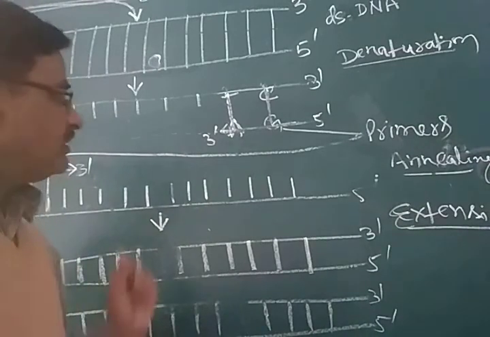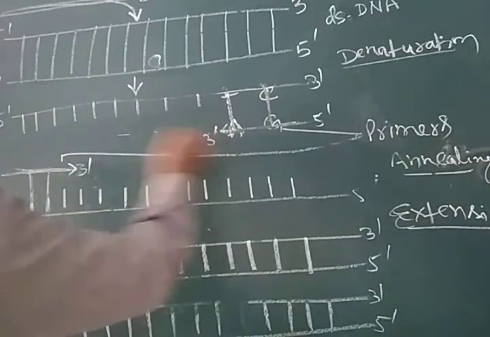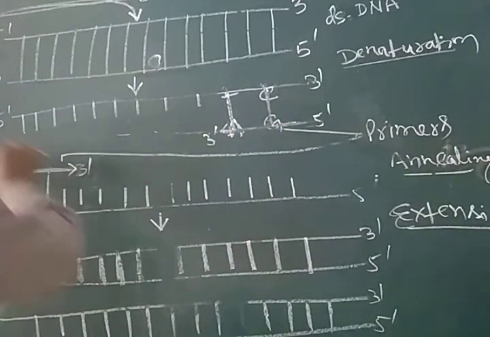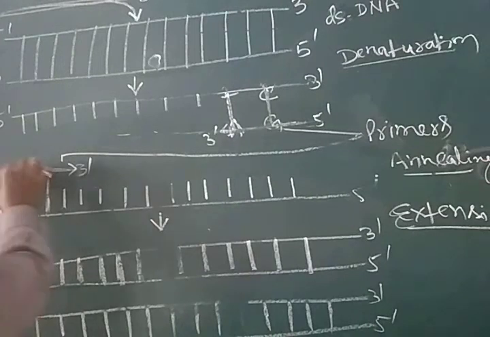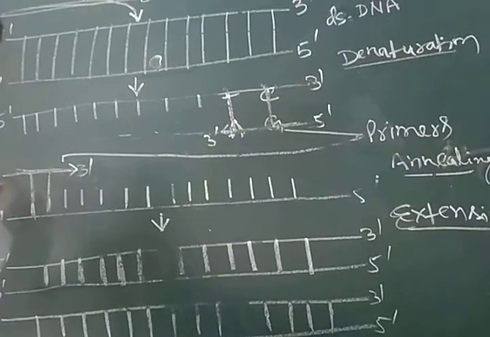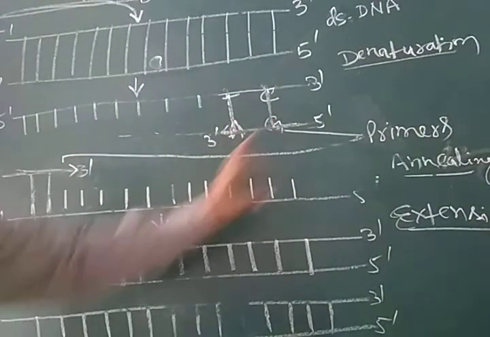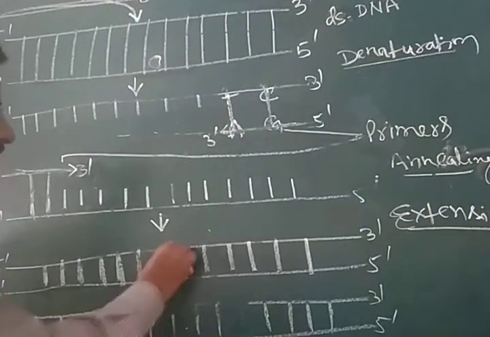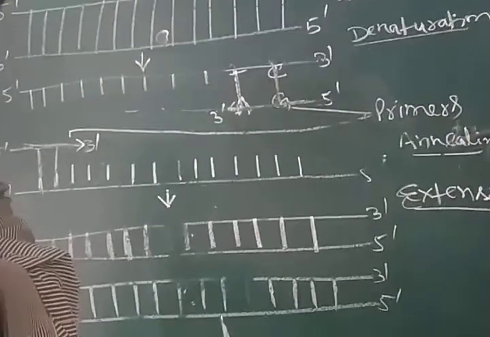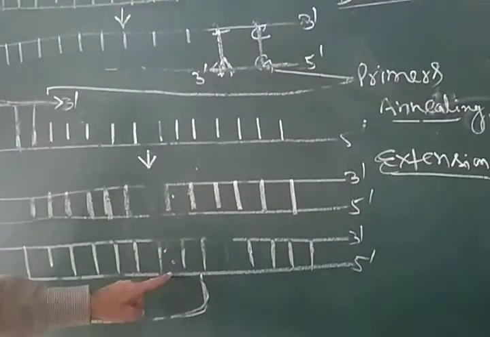The DNA polymerase adds the new nucleotides and extends the primer from the 5' direction to the 3' direction. This primer is also extended in the same way, and after this extension, two daughter DNA molecules are formed.